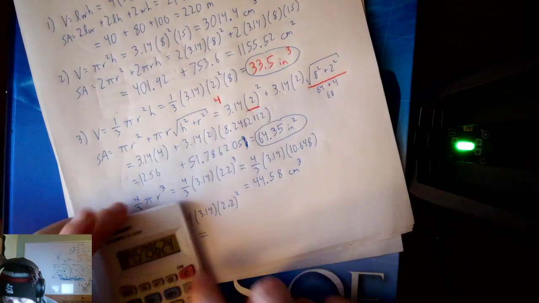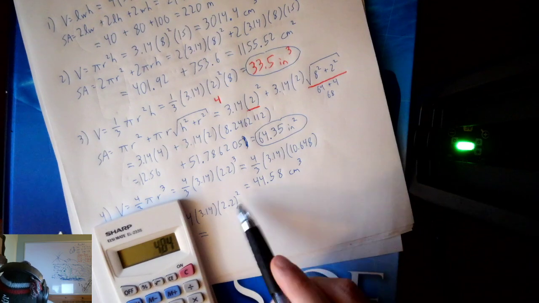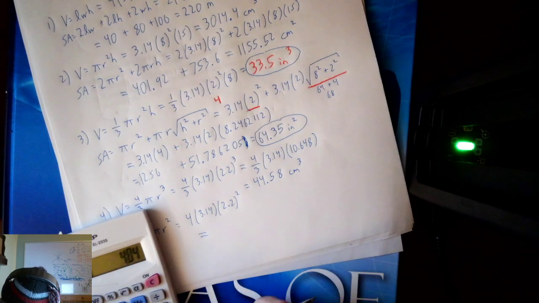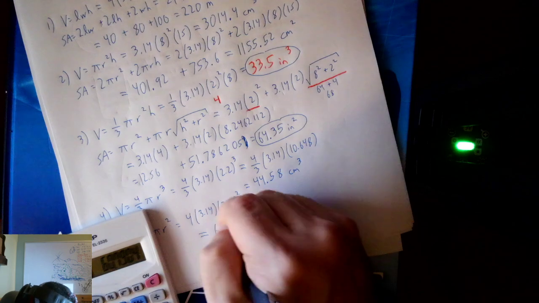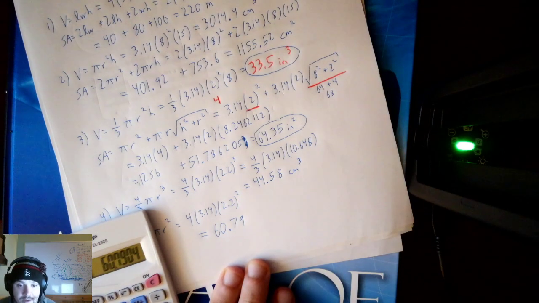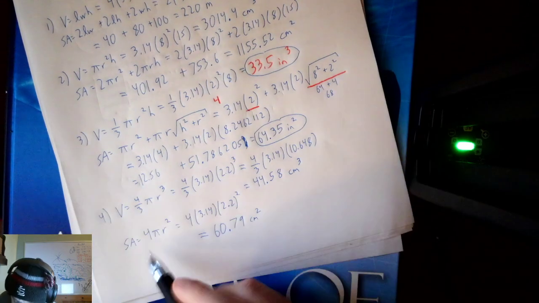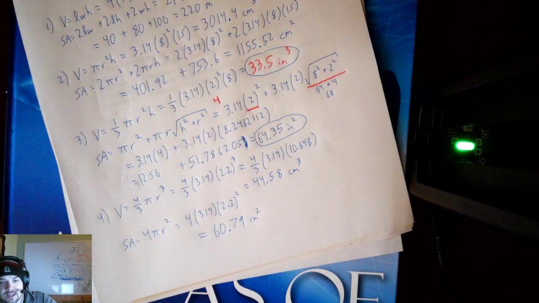I'll do the squared first, right? 2.2 times 2.2. When I square, I get 4.84. And then I need to multiply that by pi and multiply that by 4. It gives me 60.79. And that was centimeters, and it'll be squared because it's surface area, right? Surface area is always squared.